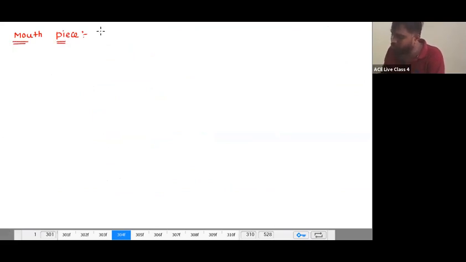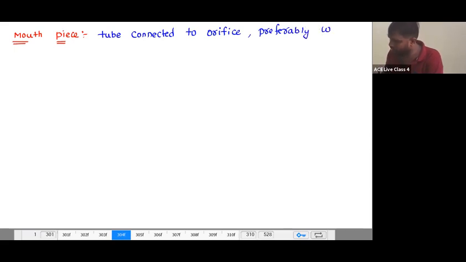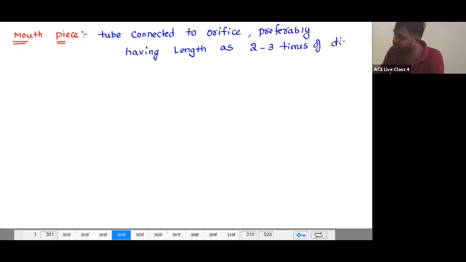Mouthpiece. A mouthpiece is a tube connected to the orifice, preferably having a length of 2 to 3 times the dia of the opening.